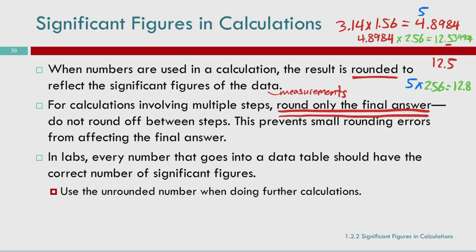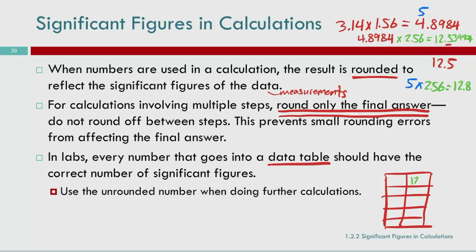Some important information for our labs. Every number that goes into a data table, the data table's looking something like this. Usually it'll tell you in this left column what the thing that you're putting in is, and then you put your number into this part. So let's say that we took this 12.539 and so on.